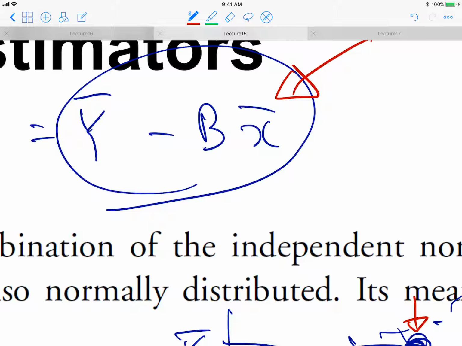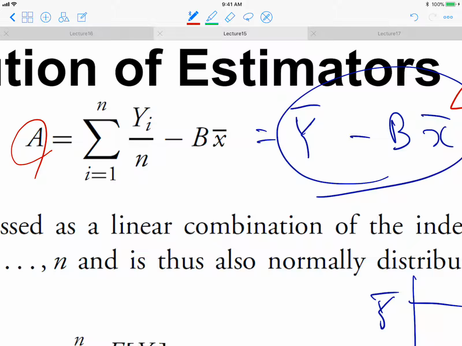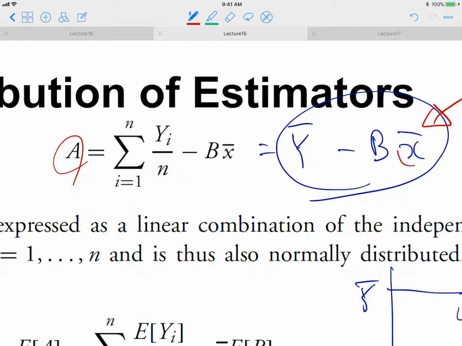Here, we have to check whether A follows a Gaussian random variable or not. This is a constant, right? And what about B? Is this a random variable or not? It is, right? B is a function of a random variable, and we further found that B is Gaussian. So this is a normal random variable.